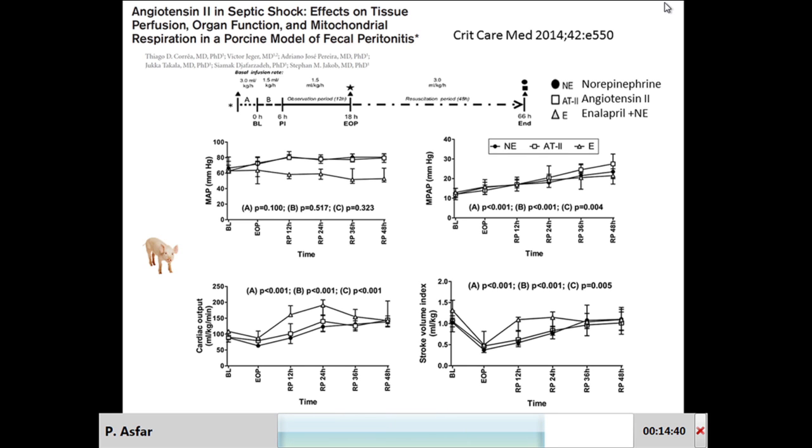Here are the results. Mean arterial pressure is increased with norepinephrine alone or angiotensin, and pre-treatment with enalapril induced a decrease in mean arterial pressure. There was no effect on cardiac output, no effect on mean pulmonary artery pressure, and no effect at all on stroke volume.